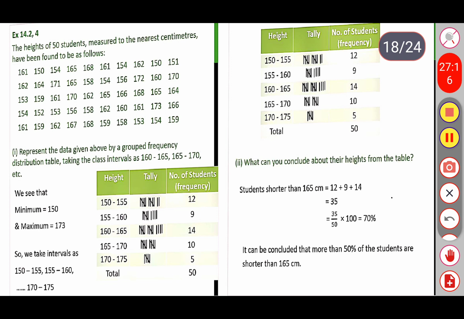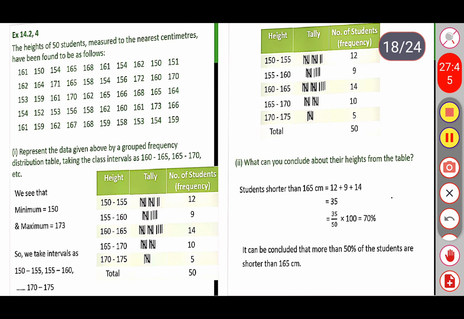You need to represent these data in a frequency distribution table and answer the following questions. Represent the data given above by a grouped frequency distribution table, taking the class intervals 160 to 165, 165 to 170, etc.